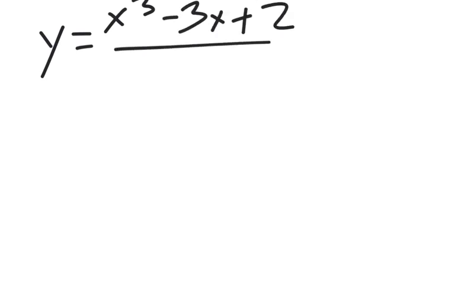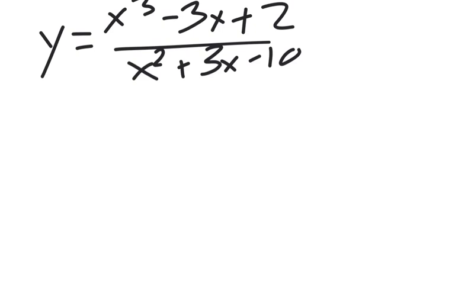I showed you graphically how to tell where they intersect. Let's do it algebraically. So my original function was y equals x cubed minus 3x plus 2 over x squared plus 3x minus 10.